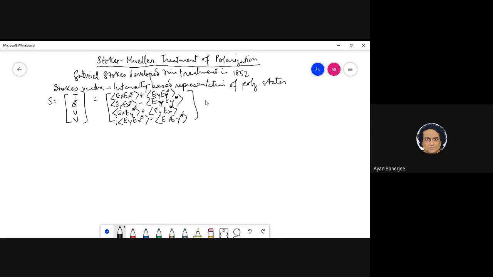Again, if I write directly in terms of measurables, one representation is E0x squared plus E0y squared, E0x squared minus E0y squared, 2 E0x E0y cos delta, and 2 E0x E0y sine delta.